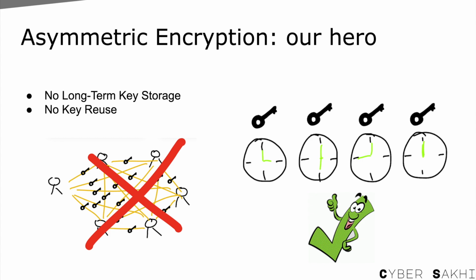No key reuse: each session uses a fresh key, preventing the risks associated with using a key for too long. This approach not only simplifies the key management but also enhances security through forward secrecy, ensuring that even if a key is compromised, only a single session is affected, not the past or future communications.